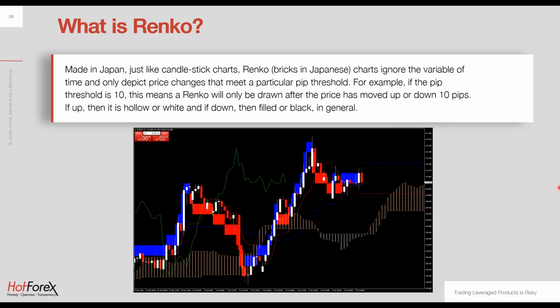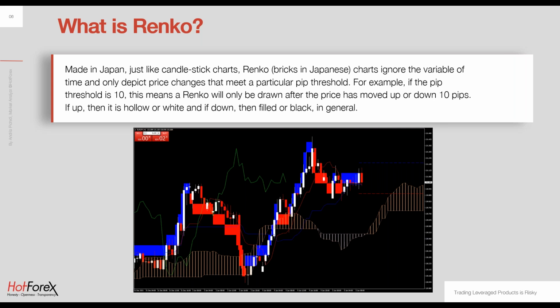Renko charts are composed of bricks that are created at 45-degree angles to each other. And a brick can be any price size. By default, it will be at 10 pips, so you can amend it.